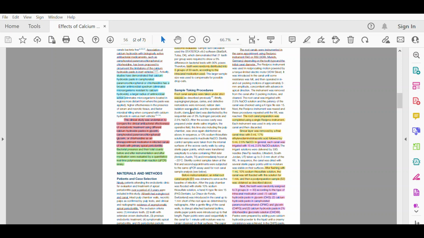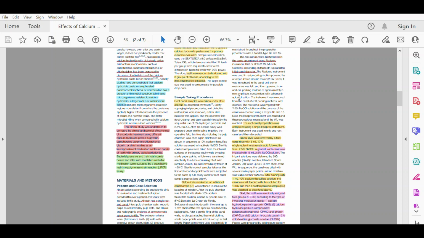The first sample was taken by paper point before the initial root canal preparation, and the second sample was taken after root canal preparation. The third sample was taken in the second visit after dressing for 7 days with these intracanal medicaments. The root canal preparation was done with a single reciprocating instrument using 2.5% sodium hypochlorite, and the final rinse was 5 ml of 17% EDTA, followed by 5 ml of sodium hypochlorite 2.5%.